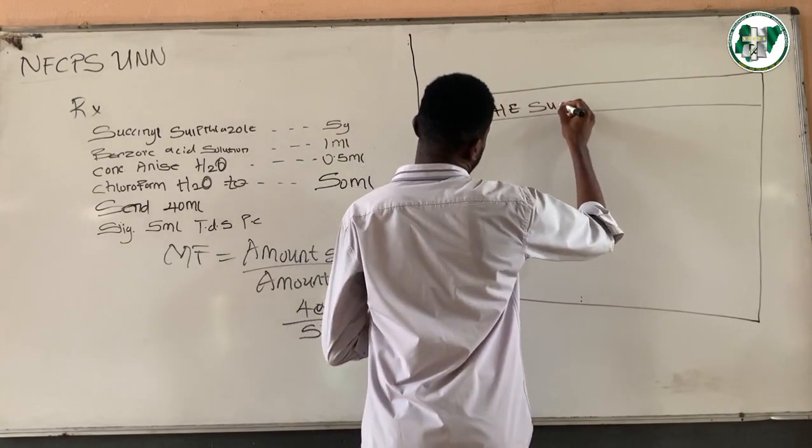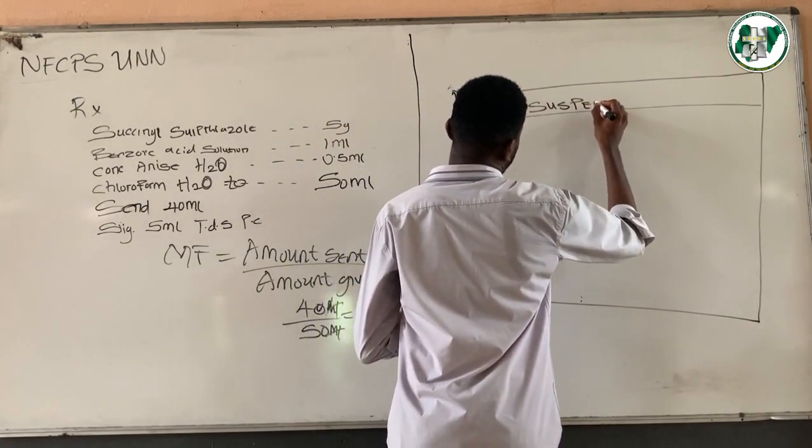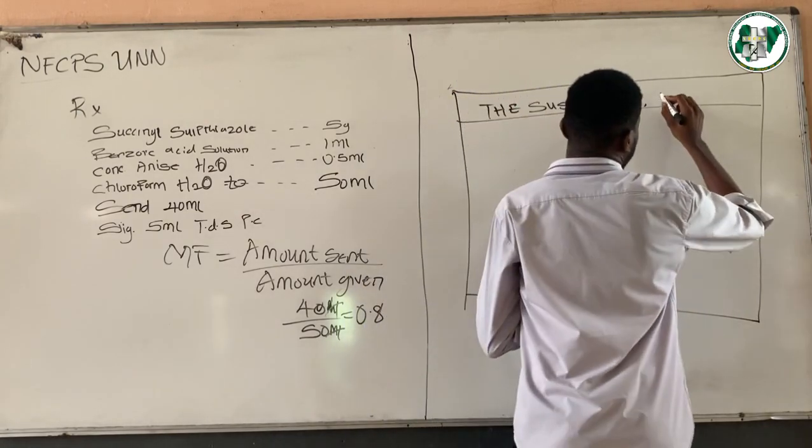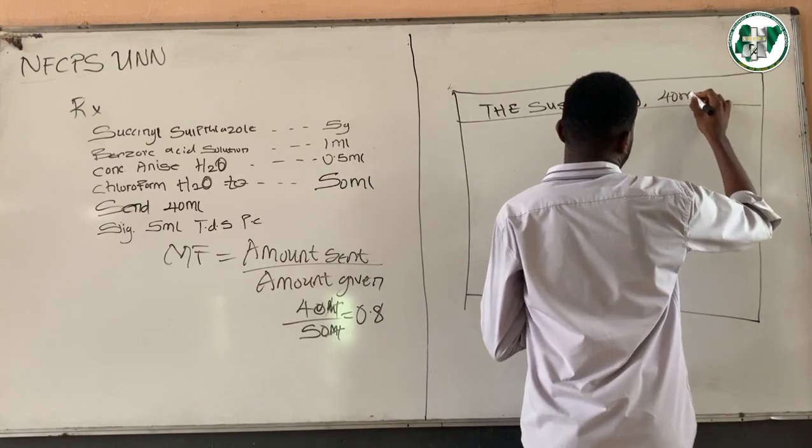You write the suspension, and you write the volume you sent, which is 40 ml.